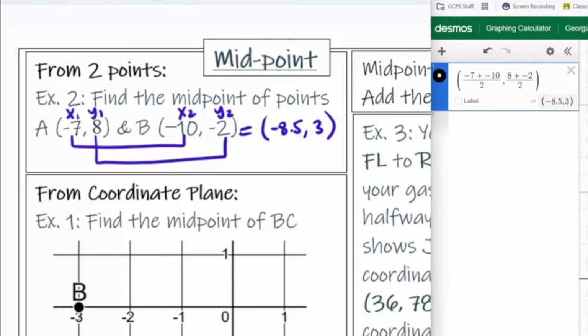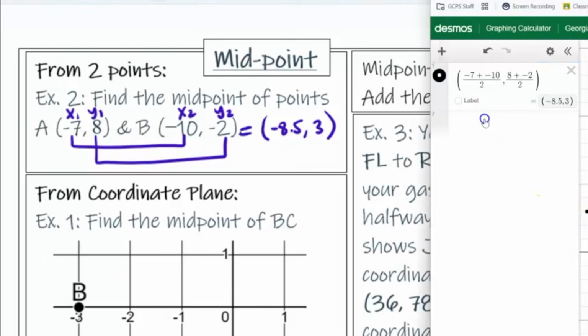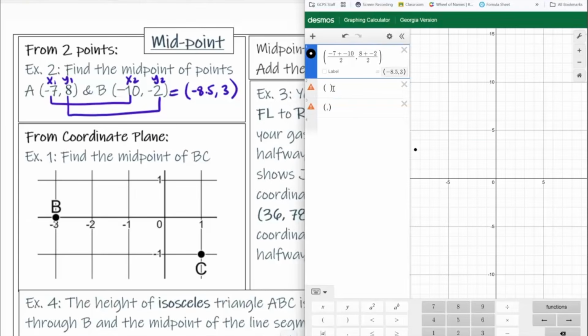Now, what I want you to do is actually think about whether that makes sense. To see whether that makes sense with coordinates, I'm going to quickly put them in. You type in your 2 coordinates, which were -7, 8 and -10, -2.